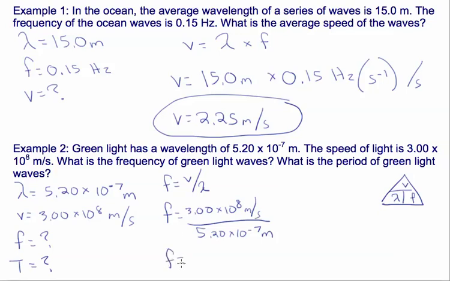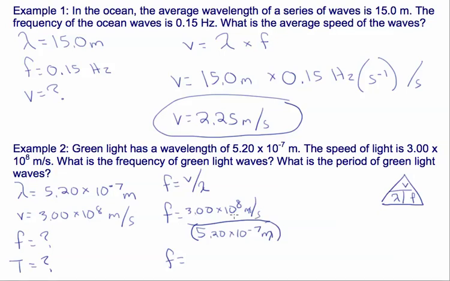We look at our units, meters cancel out, and we get per second, which is hertz. And I put in 3, and then I hit EE, 8. And when you divide by a number in scientific notation, you have to put it, for most calculators, in parentheses.